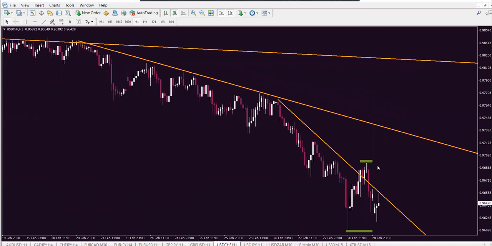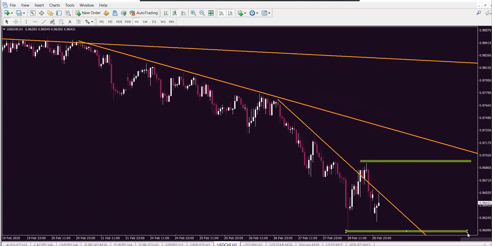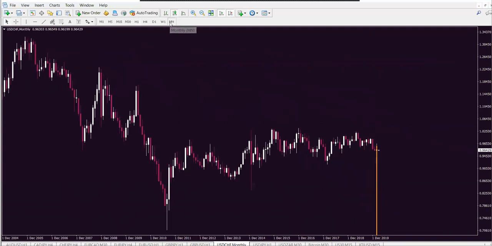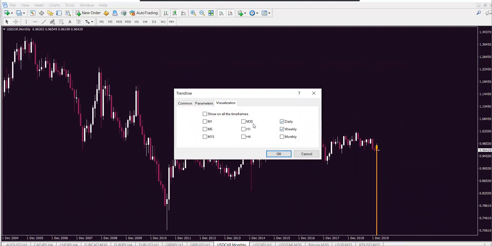Alright, so this one is nice. Let's go. This setup still holds even after the market opened and gapped and all of that. So that one is still a go. On the Monday, I see price moving sideways right here.